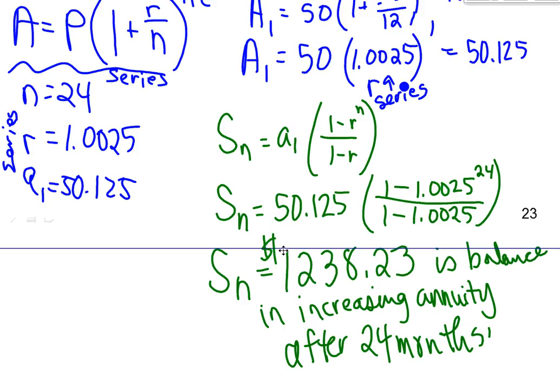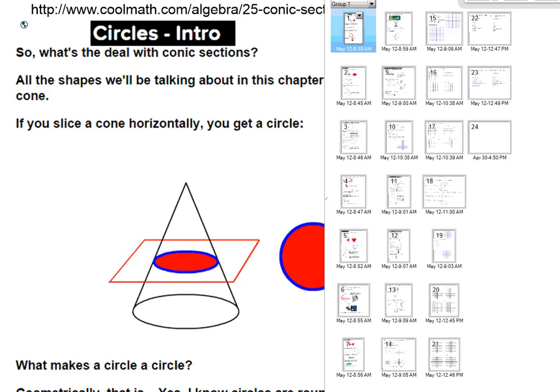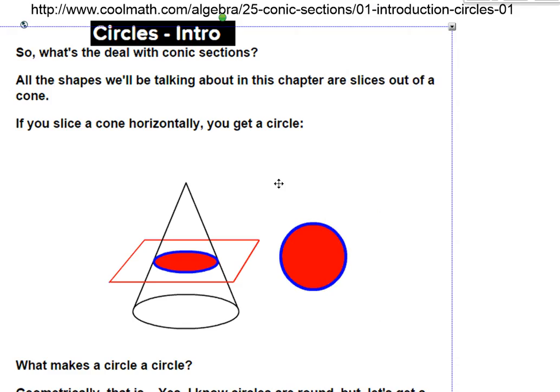So let's take a minute or two, and I'm just going to do this brief introduction because I'm not sure how well this is going to come off. These are things I've gotten off the internet because I feel a weakness in our school district is conic sections. Conic sections are less emphasized at the high school level in the state of Minnesota.